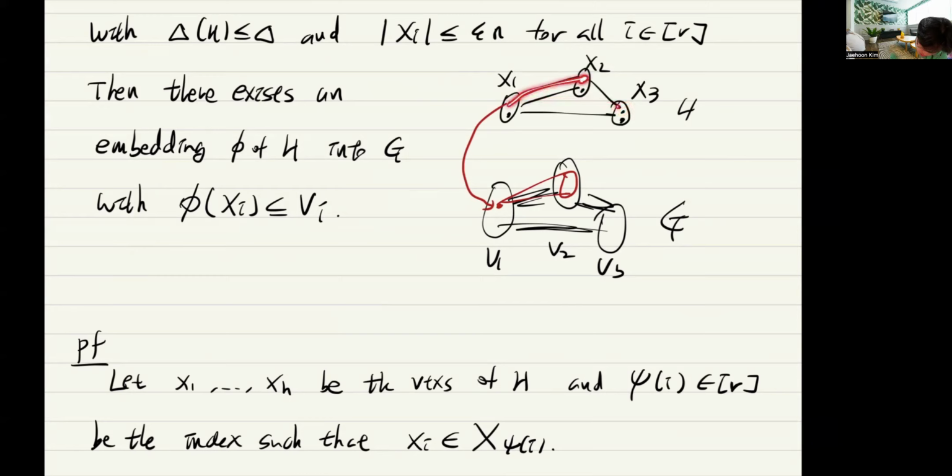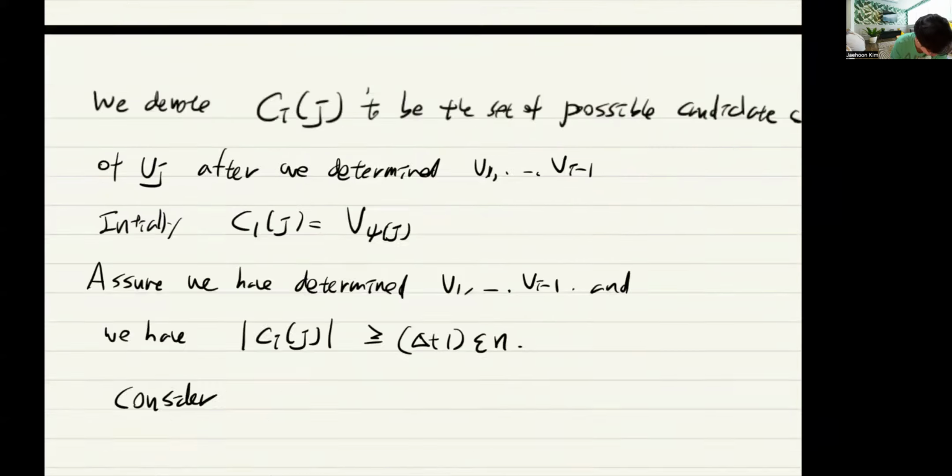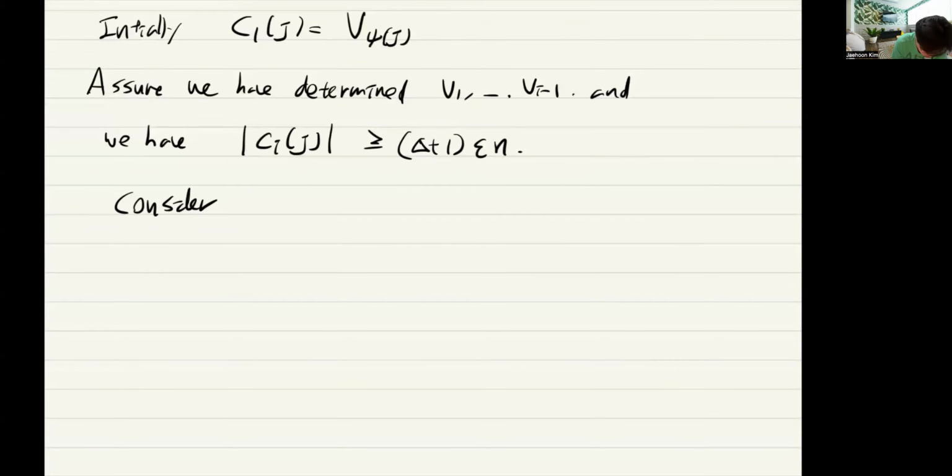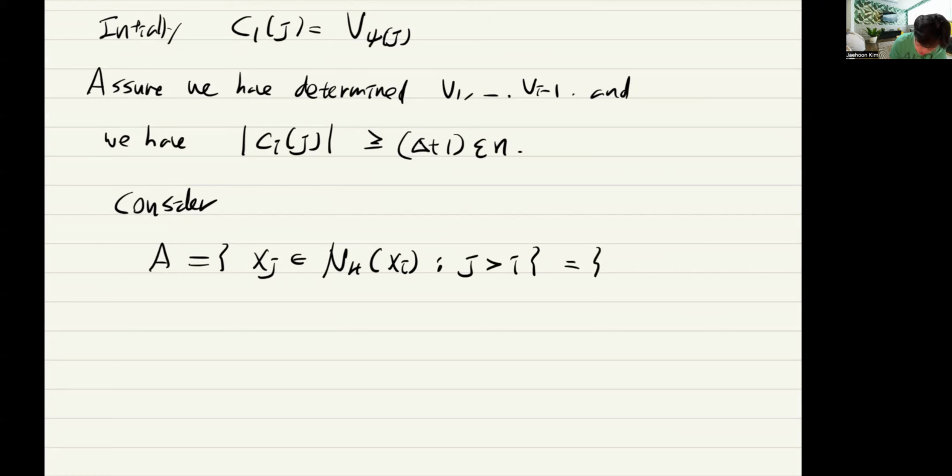That should be the vertex which is not yet embedded and is adjacent to the current vertex. So let's say A is the set of Xj, which is a neighbor of this Xi in H, and this j is bigger than i, so that we haven't embedded it yet. Let's say that's X of S1 to X of SP.